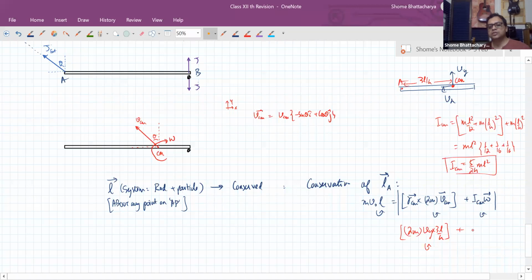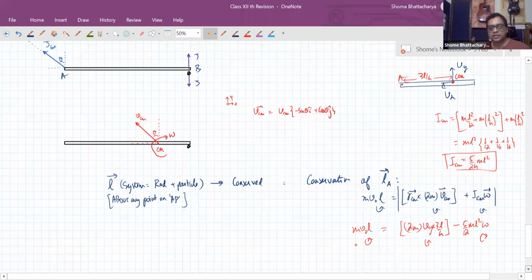This will now come with a minus sign according to my assumption, because I have assumed that this is clockwise. So minus 5 by 24 mL square omega, whereas this is anti-clockwise, and this was also anti-clockwise. Let's cancel out some terms.